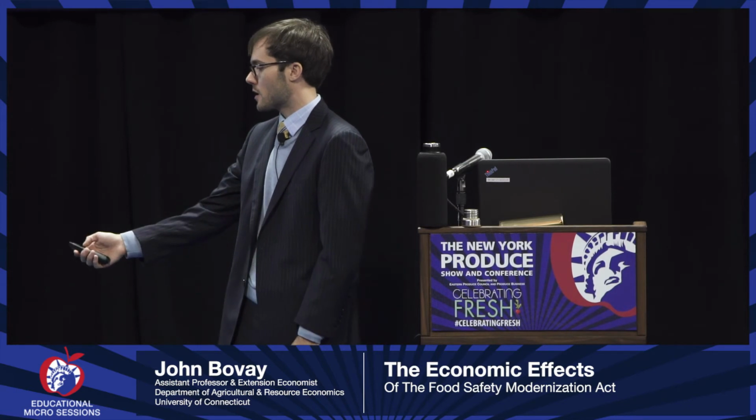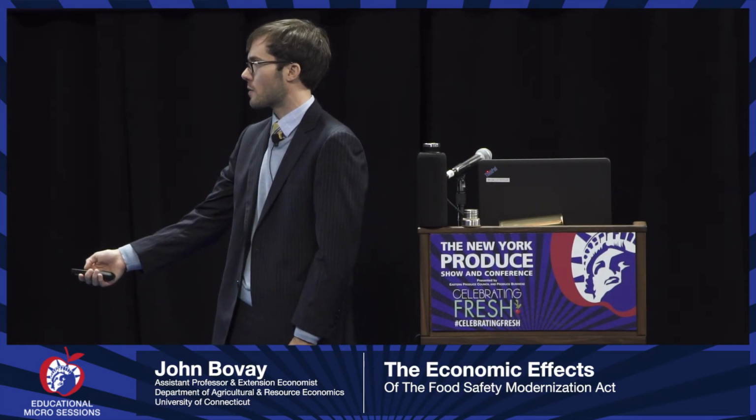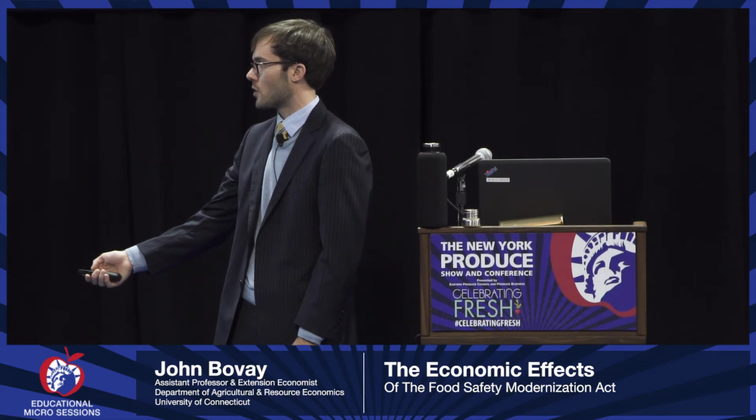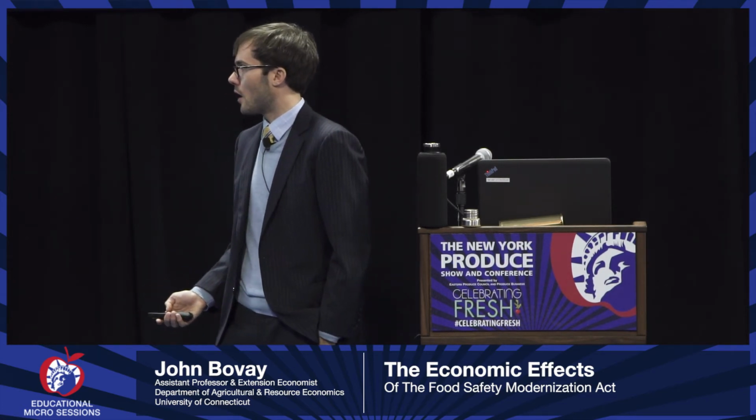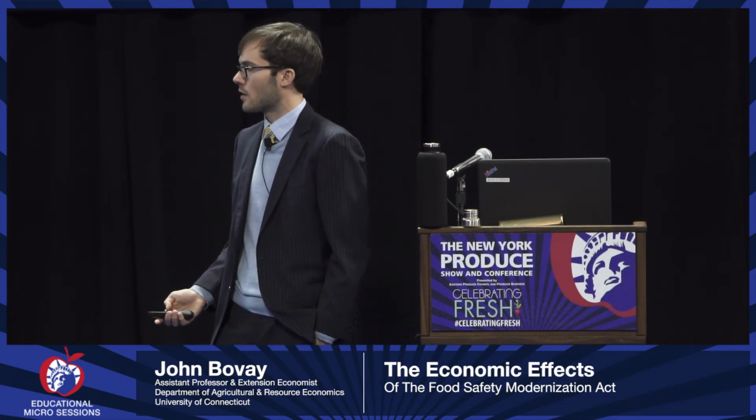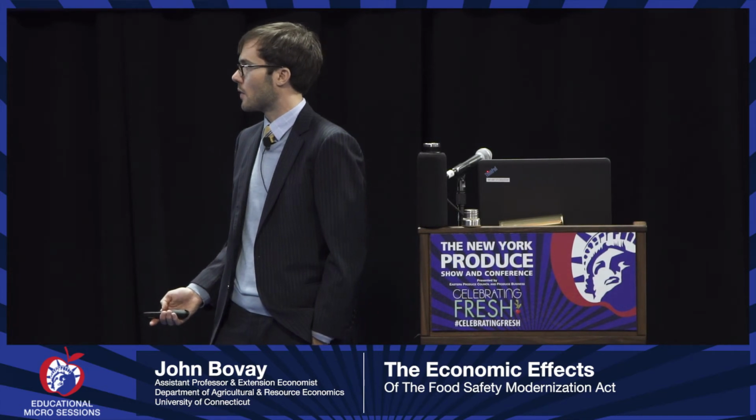And the preliminary estimates are that consumer prices are going to increase by about 0.7% for fruit and 0.1% for vegetables. And the farm revenue is going to decrease by about 1% in both cases. We are in the process of revising the simulation, so these numbers may not be quite right, but I'm pretty sure that they're in the ballpark.